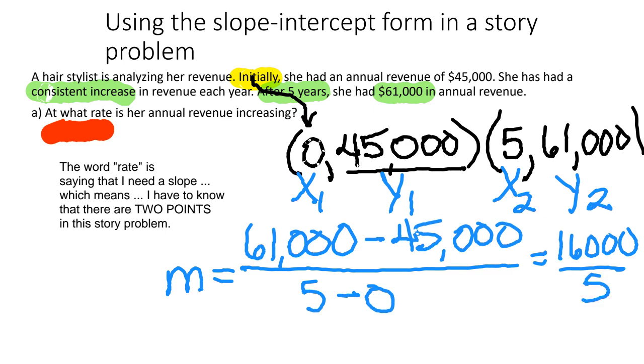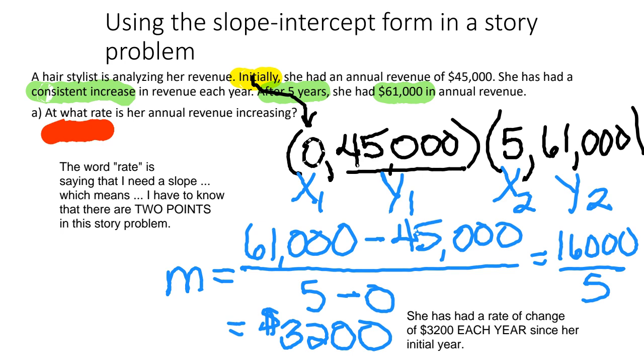But remember, we're talking money. I've got to divide that 16,000 by 5 to get $3,200, which means she has had a rate of change of $3,200 each year since her initial year. $3,200 is her rate of change.